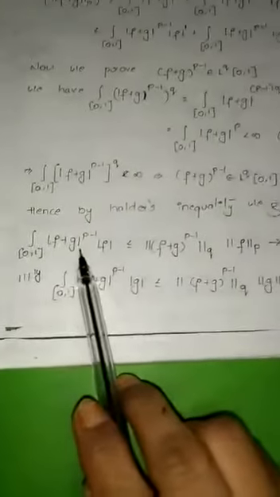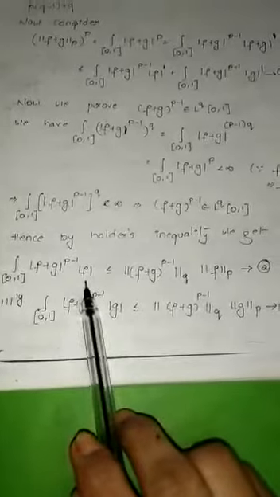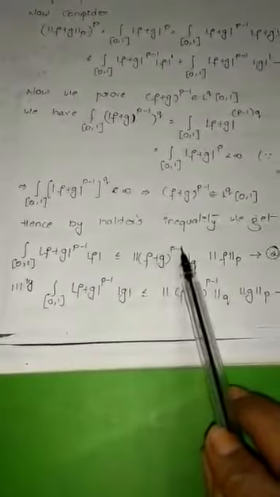The integral of |f+g|^(p-1) into |f| is less than or equal to the norm of your first modulus, the norm of |f+g|^(p-1), with respect to your Lq space, into the norm of your next function, which is nothing but the norm of f. So this equation number 2 we are getting by using Holder's inequality.